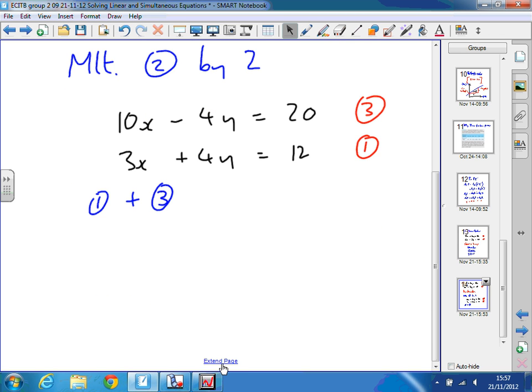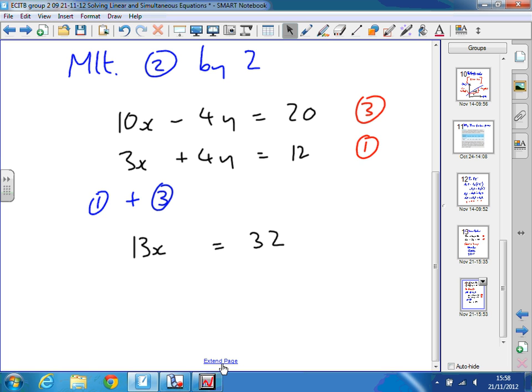10x plus 3x is 13x. 4y plus minus 4y is nothing. Gone. And that's the aim. If it doesn't disappear at this point, you've made a mistake. Equals 20 plus 12 is 32. Now we've got an equation that involves only one unknown, and we can solve it. We can find x.